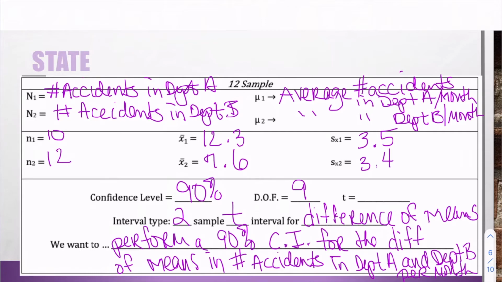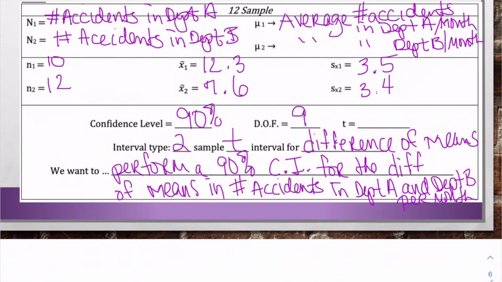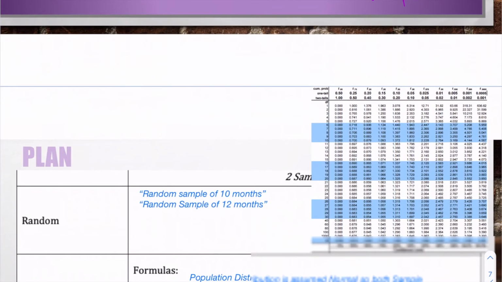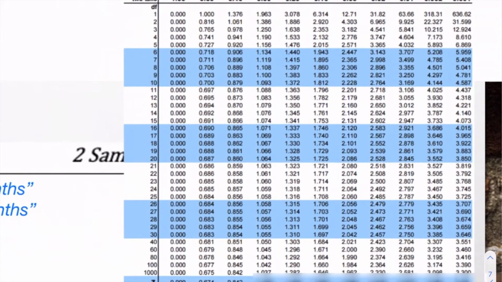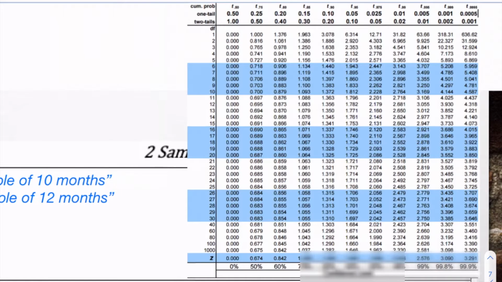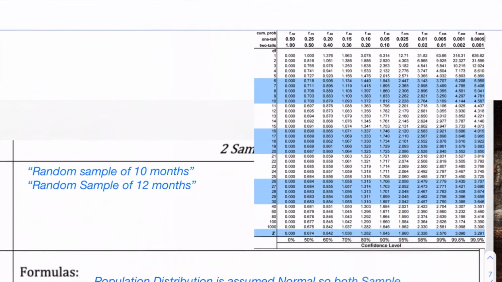Okay, so just a review on how we find t. So we need our degrees of freedom and we need our confidence level. So if we're looking here and we look down at the bottom, 90% is what we're looking for as our confidence level, and our degrees of freedom are 9.